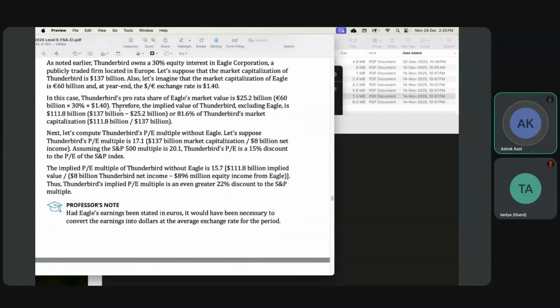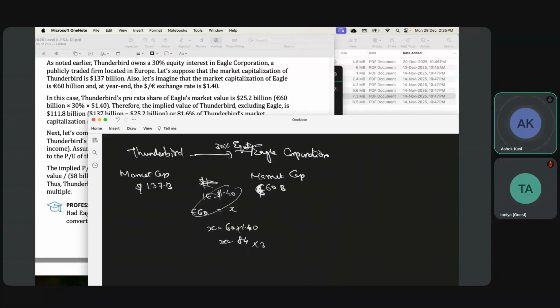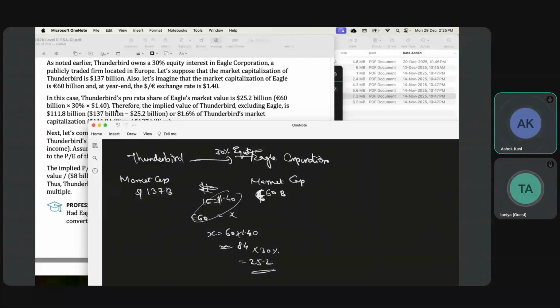Out of that, take 30 percent of this: 25.2. This is the share. So from this 137, 25.2 belongs to Eagle.